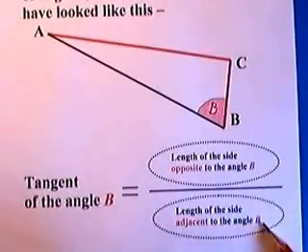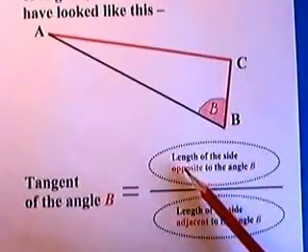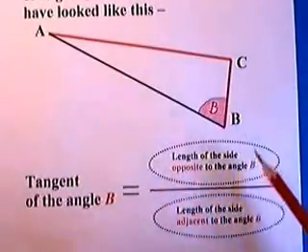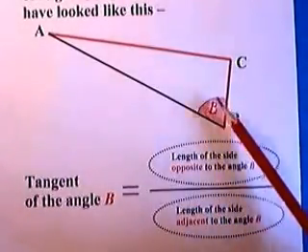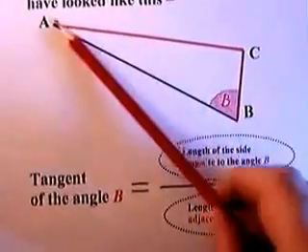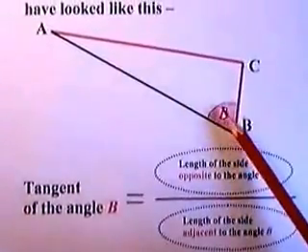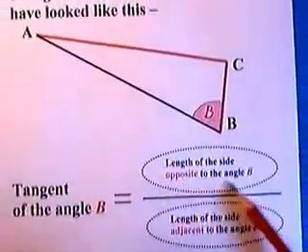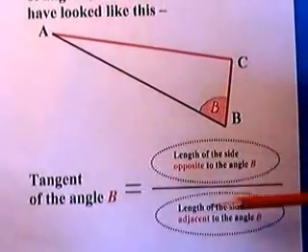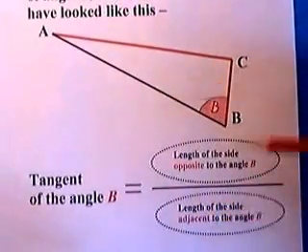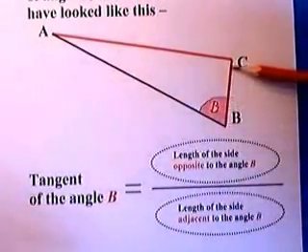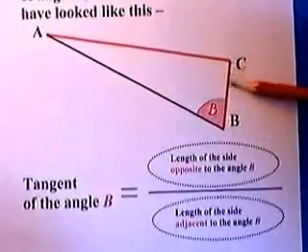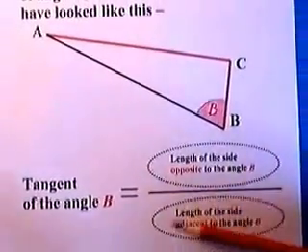Well, the side which is opposite to this angle here is this one, AC. So the length of this AC would have gone on the top of that ratio, and the length of the side adjacent to the angle B, well, it's obviously this side here. So the length of that side would have gone on the bottom of that ratio.